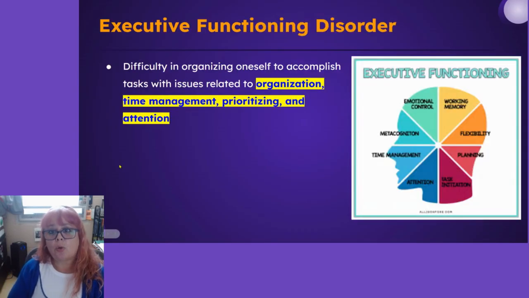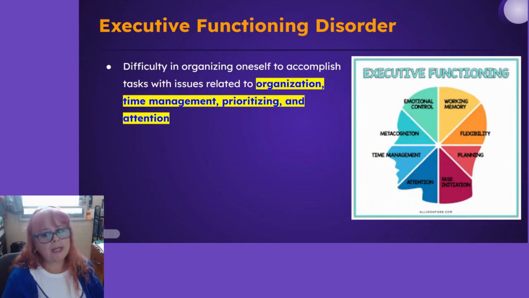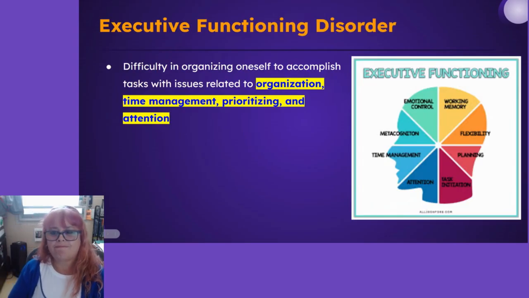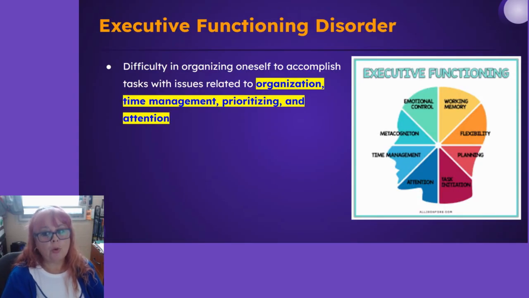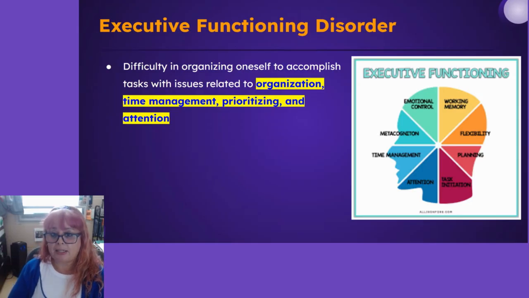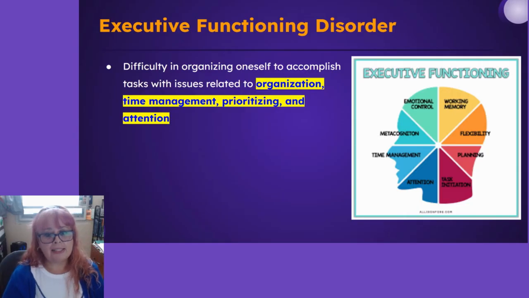Executive function disorder is difficulty in organizing oneself to accomplish tasks, with issues related to organization, time management, prioritizing, and attention. There's a lot of pieces that go into that. So it's kind of like the little traffic cop in your brain saying, hey, that's more important. Pay attention to this, or do this first and then this second.